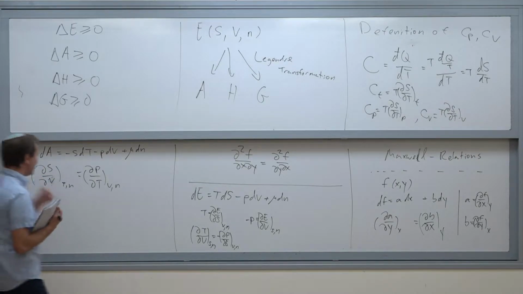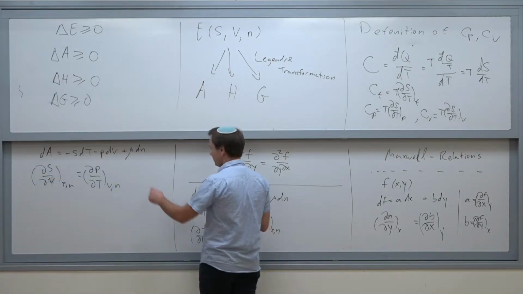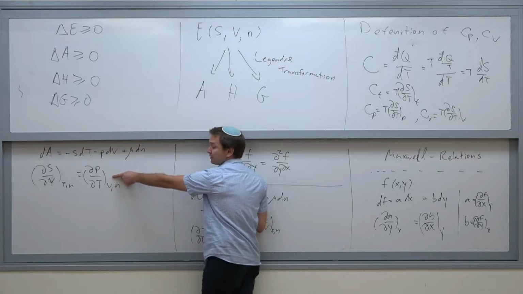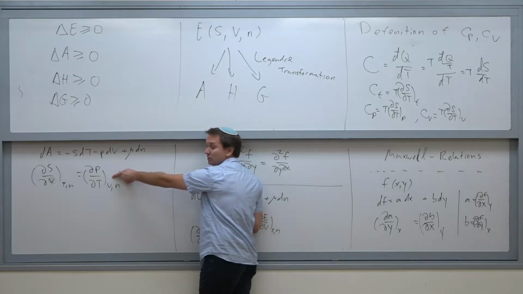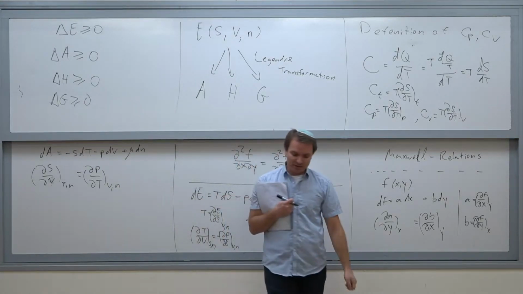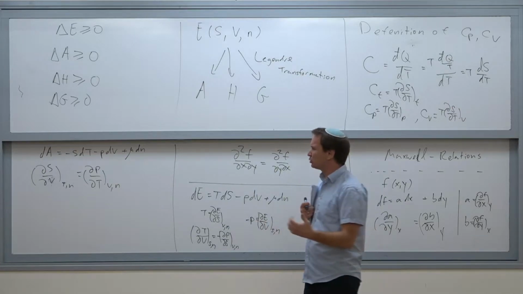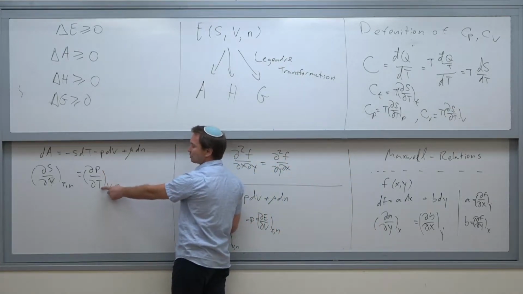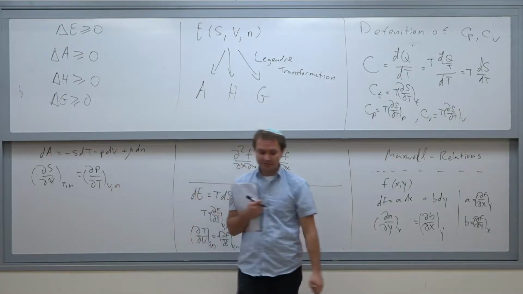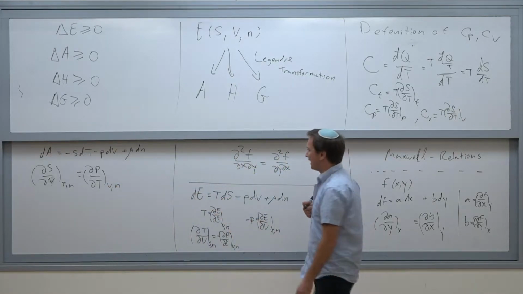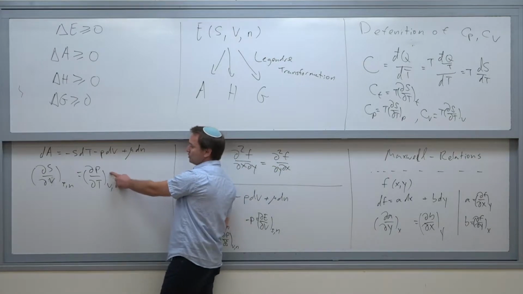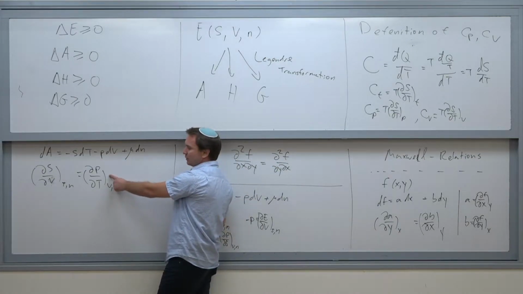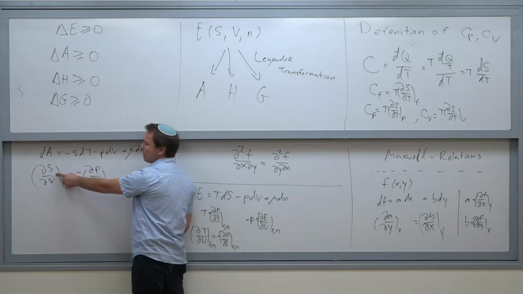Why is this sometimes important? Because this property over here I can actually measure. In an experiment, I don't have control of entropy, but I do have control of pressure and of temperature. So by controlling and observing this quantity, I can also say something about how entropy changes with volume.